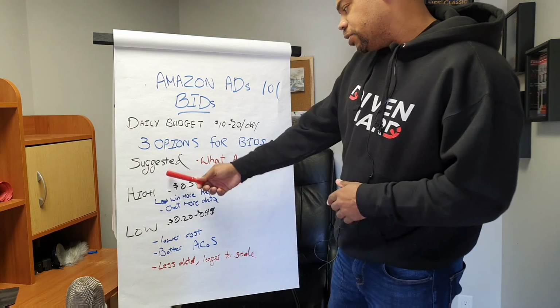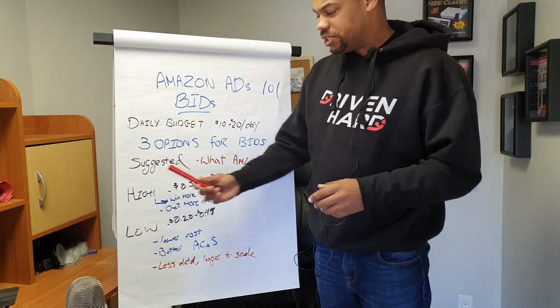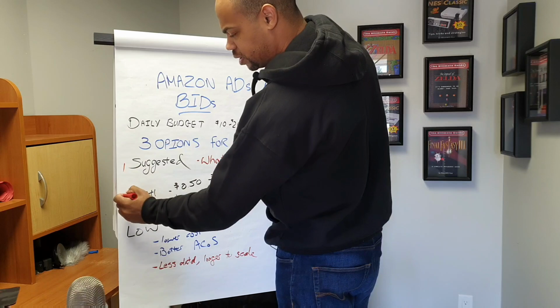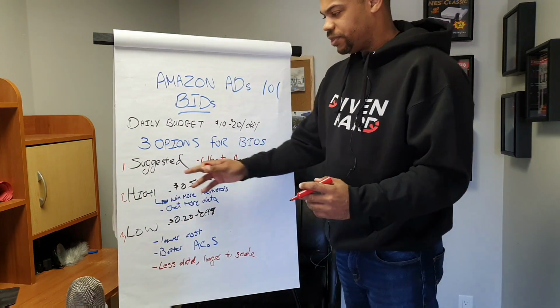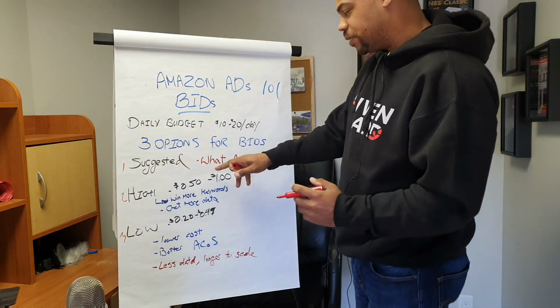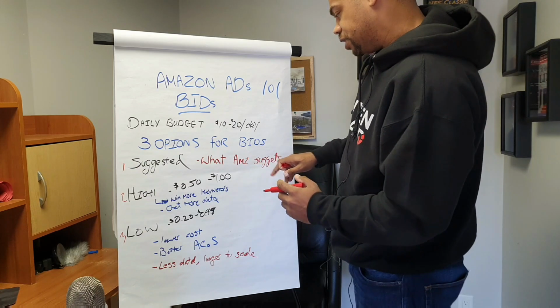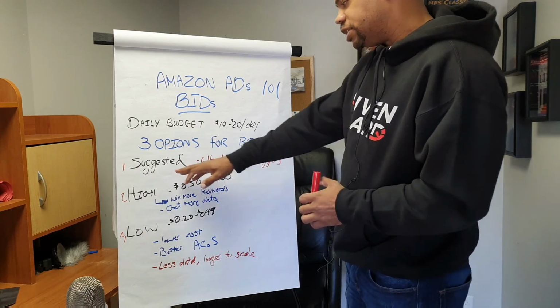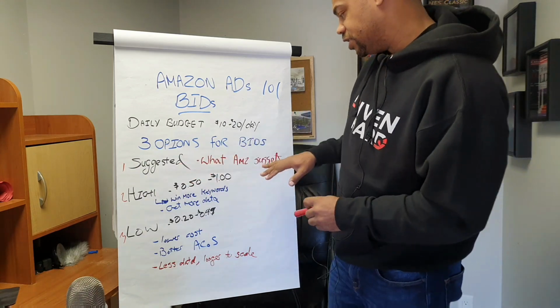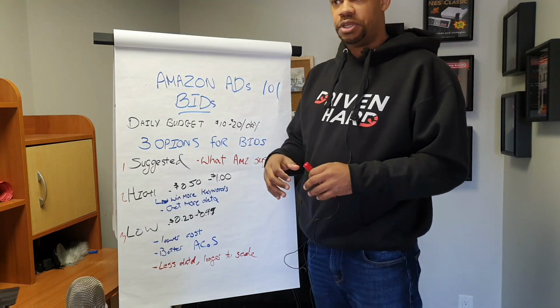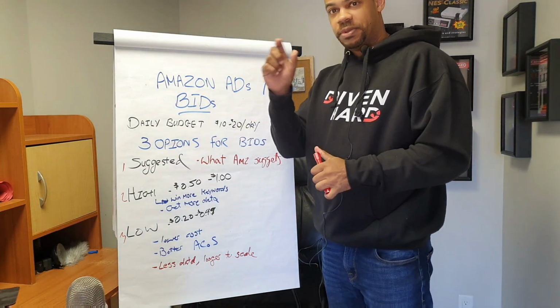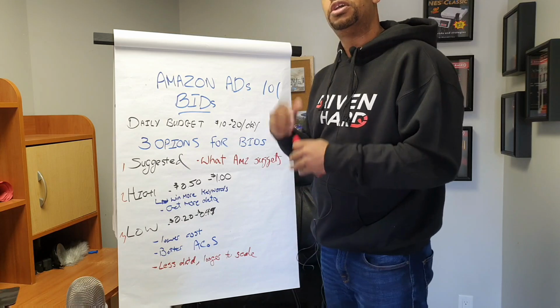So what do I have here? There are three different ways you can do it: 1, 2, 3. Suggested bids is what Amazon suggests. When you look at your keyword, it's going to say Amazon suggests this, so you can run with that.